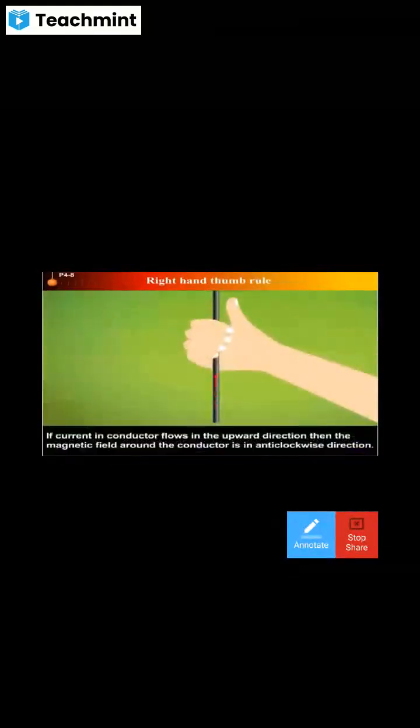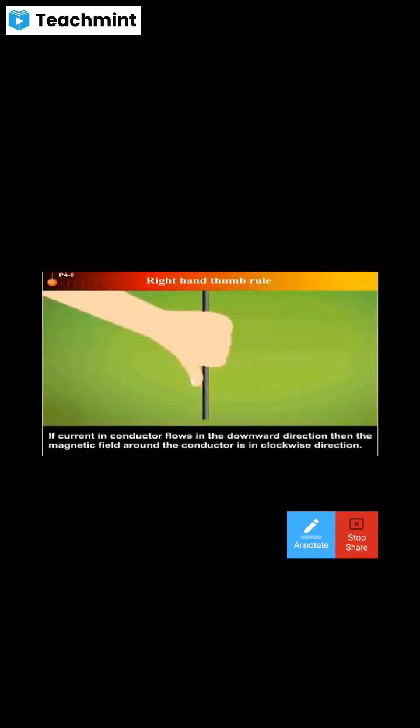You can see the direction. When you held it above, it was anticlockwise; when you held it towards the book, it was clockwise.